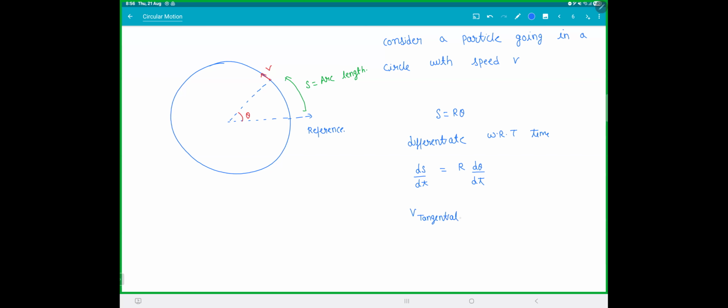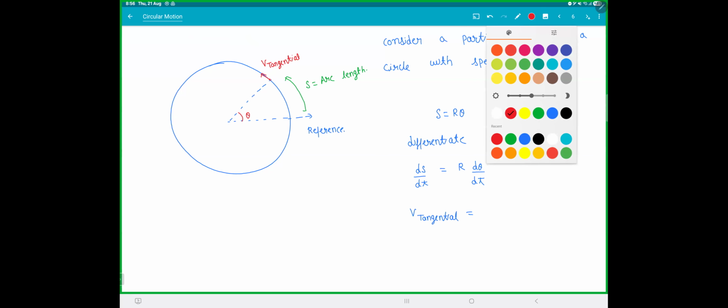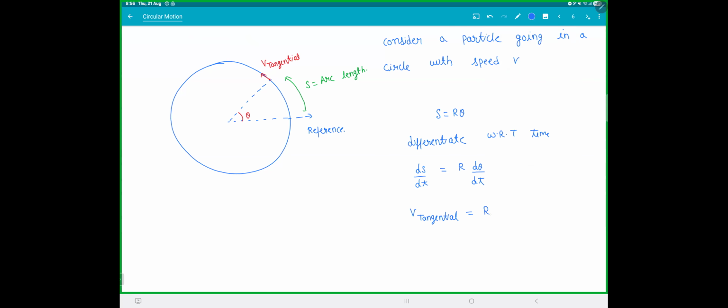So particles can have two different speeds. You can go this way, you can go this way. So then you'll go in some random path. Just like you resolve velocities in x and y, you can resolve velocities v tangential and v radial. Anyway, in most of the things that we have, we will only handle the tangential parts. This will be r into omega.